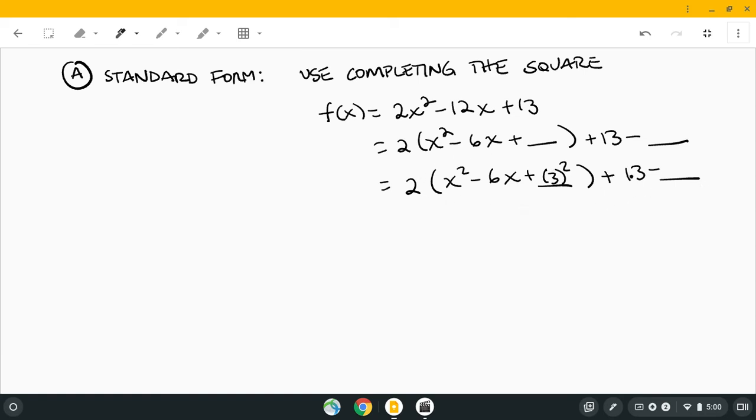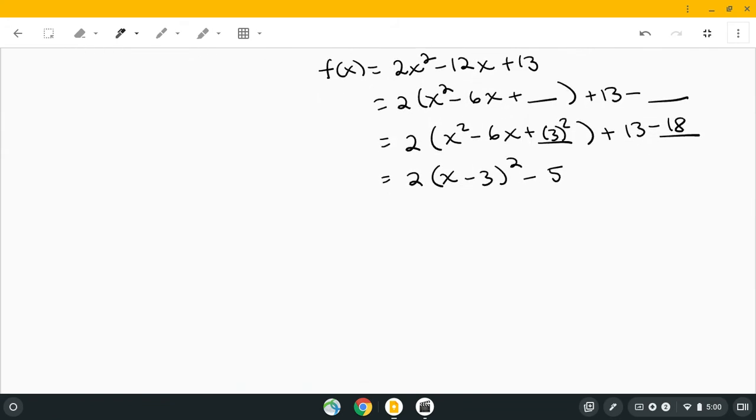It's 18. Now this automatically factors out to x minus 3, and over here we get minus 5. And there you have it. We have our standard form: f of x equals 2 times (x minus 3) squared minus 5.